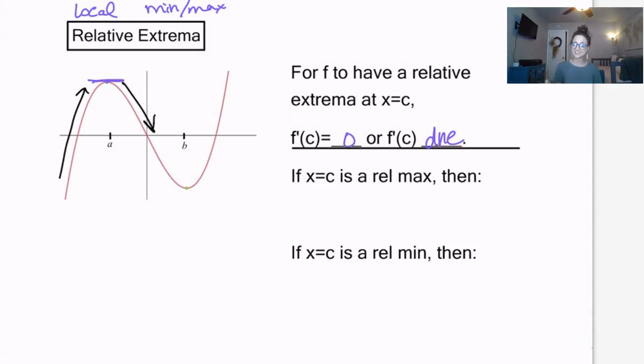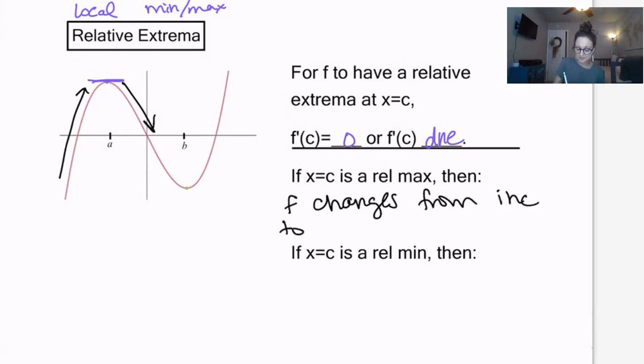So let's write that. If x equals c is a relative max, then f changes from increasing to decreasing at x equals c, right? Conversely, if x equals c is a relative min, then f is going to change from decreasing to increasing, okay?